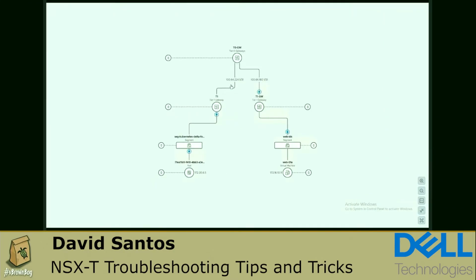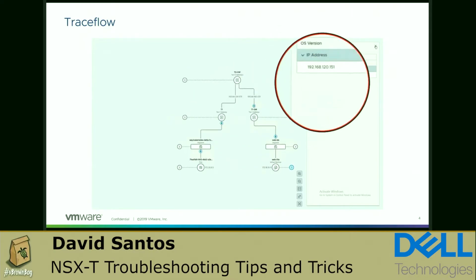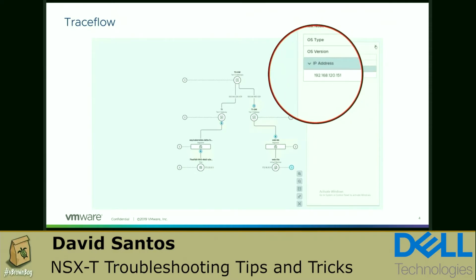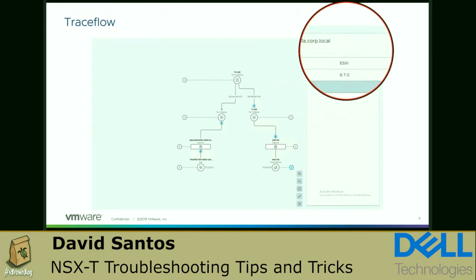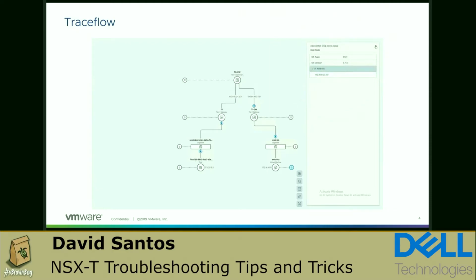Here I have the pod, the segment, T0, T1s, and also the hypervisor that is hosting that pod or workload. Something that's nice is that we can see the IP address of that workload, the hypervisor's management IP address, and also the hypervisor version where NSX is installed.